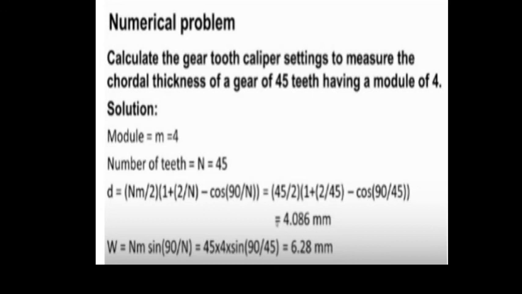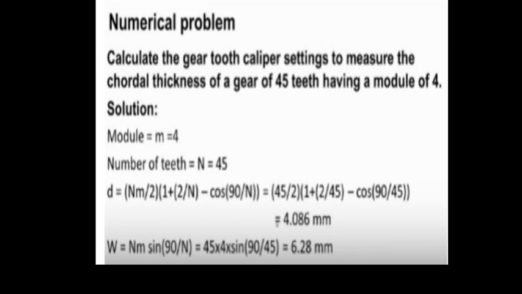So in this gear tooth profile, we want to measure at the pitch line, and we want to measure the chordal thickness W. So we should find out the value of D, which can be set in the vernier caliper, and then we can measure W.